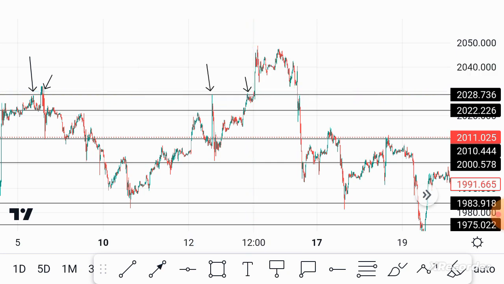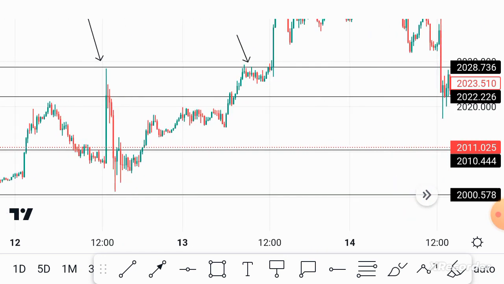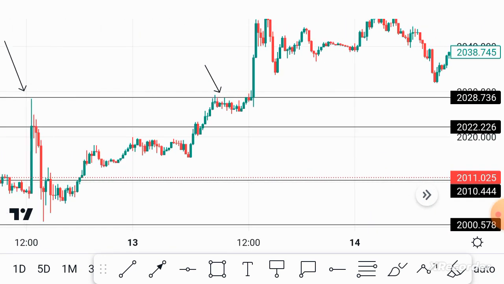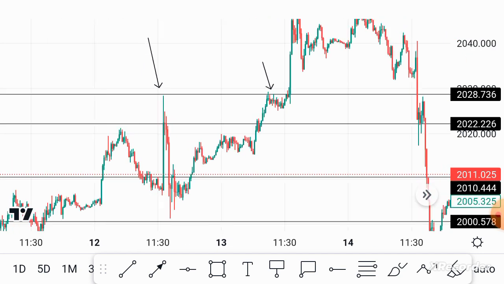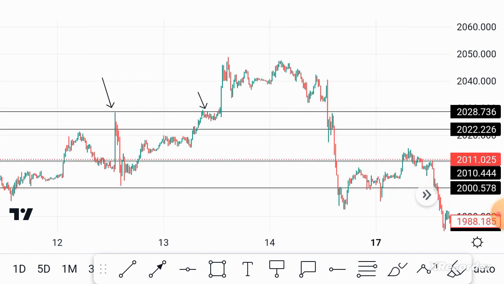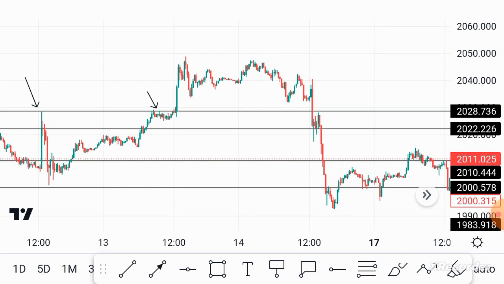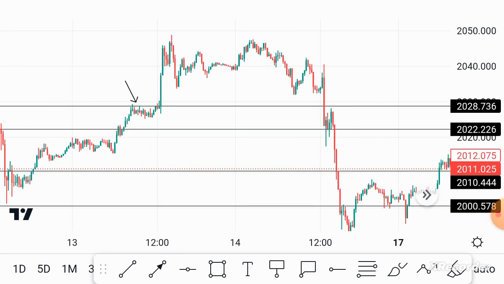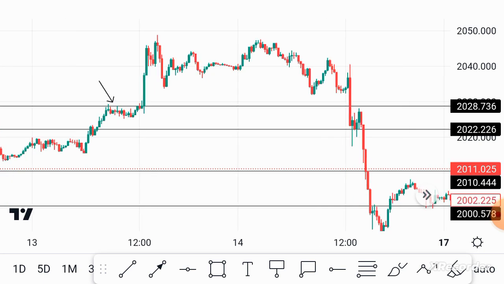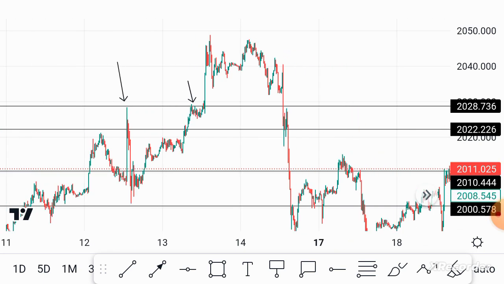Price came here and had some consolidation for a while before breaking it. It simply means that price found resistance here and there was a struggle between buyers and sellers, a lot of buying and a lot of selling that lasted for a while, and then price broke to the upside and continued upward.